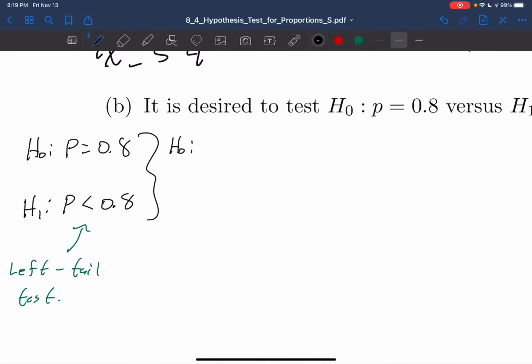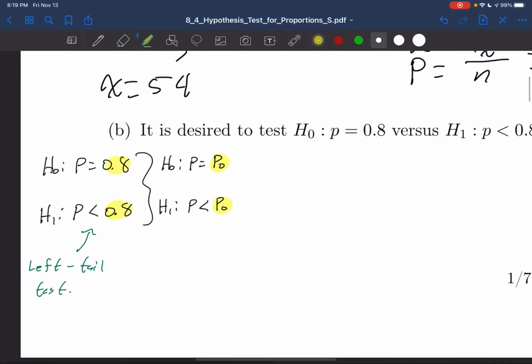Notice that our testing is in the form of H naught: p is equal to p naught, where p naught is just a value that we're working with, and then H1 will be p is less than p naught. Here, our p naught is 0.8.